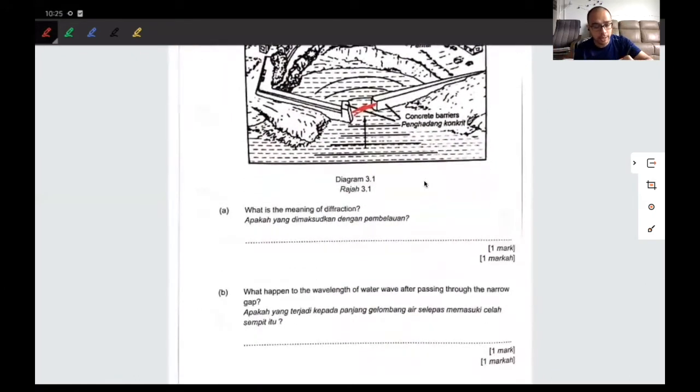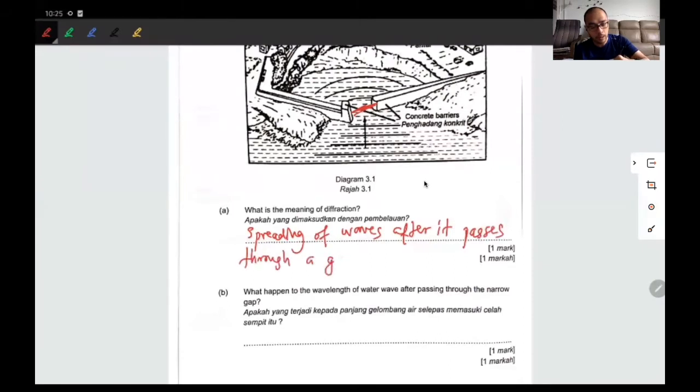Diffraction is the spreading of waves after it passes through a gap or an obstacle. If you don't write "or an obstacle", it doesn't matter.